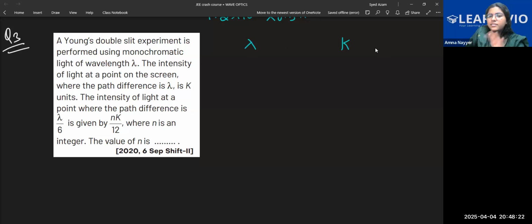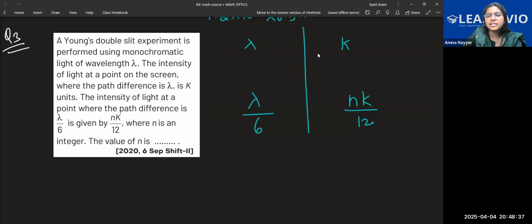So let's first find this relation. Second of all, when the wavelength becomes lambda by 6, intensity becomes nK by 12. See, this is the column for intensity and this is the column for the wavelength. Okay, this is the ratio of what is happening.